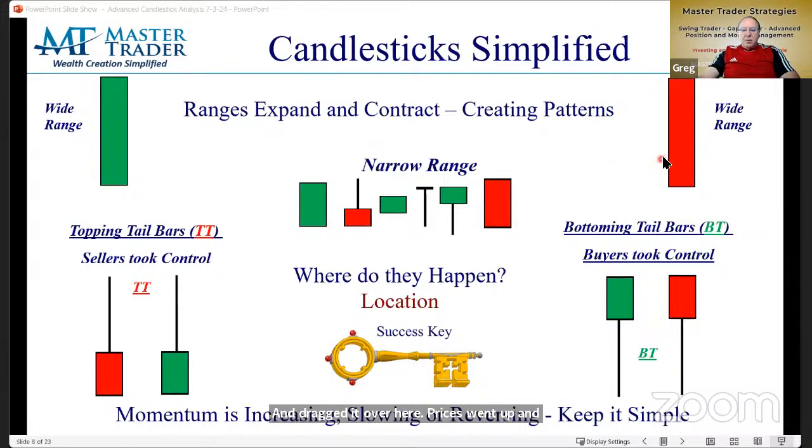Now, where does it close? If I drag this over here and it closes on the top of this consolidation, it's not as bad as if I took this and it engulfed this consolidation and it closed below it.